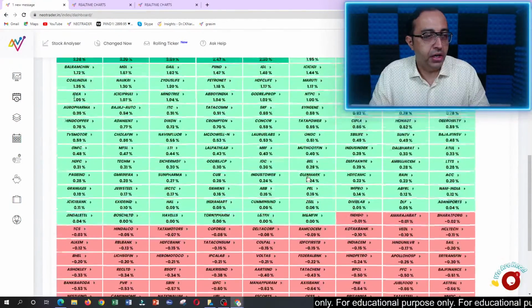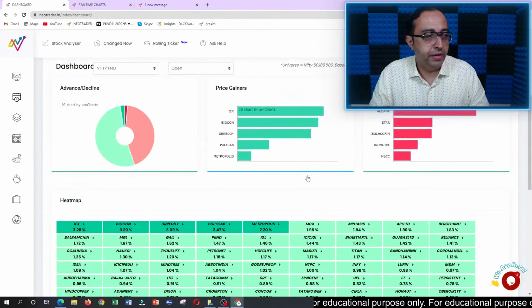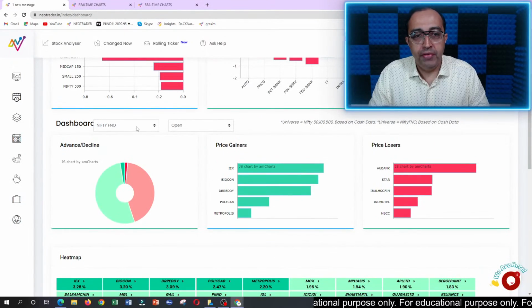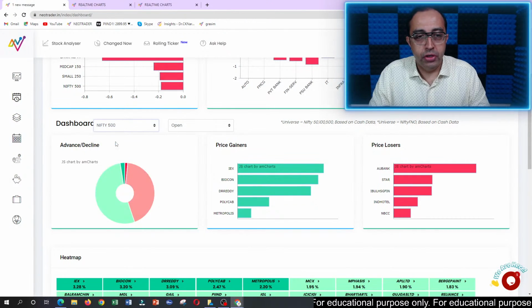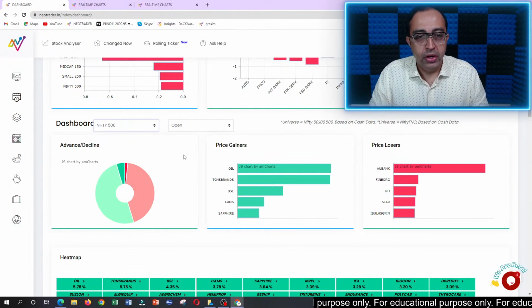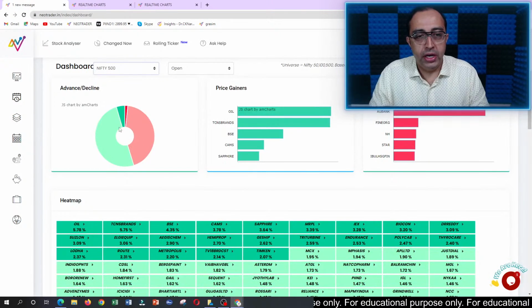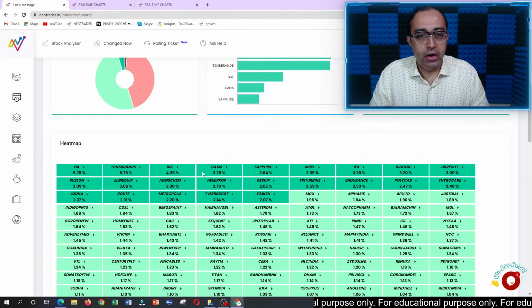You can see that the majority of the stocks are in a sideways phase. This is from the Nifty FNO basket. Now, if you change the universe to Nifty 500, where there are more stocks, then of course you will see a bigger, a little bit thicker band of green.